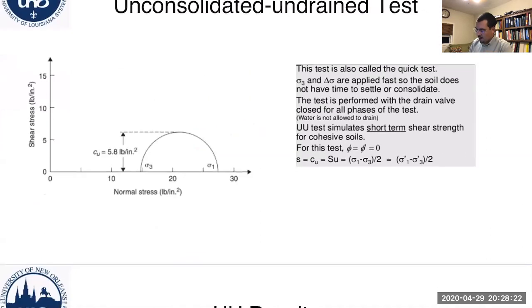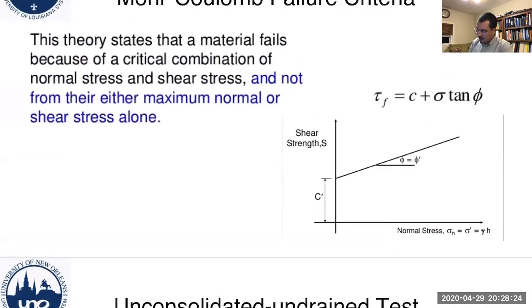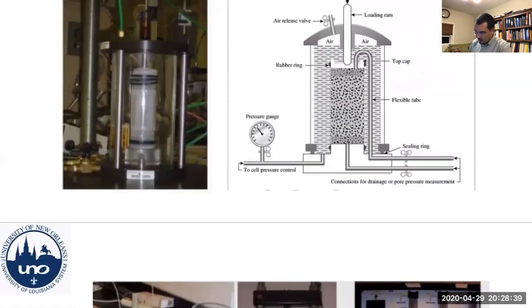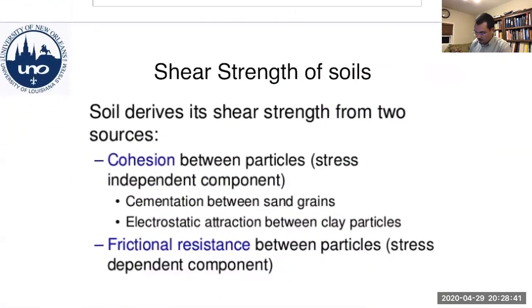Now, if we would again go back, this is the Mohr-Coulomb failure criteria that we talked about. This part is where the soil derives its strength from cohesion. This is cohesion, and this is the internal angle of friction. We've mentioned this a couple of times. So cohesion, this is c plus tan phi, and this is the frictional resistance between the soil particles themselves.